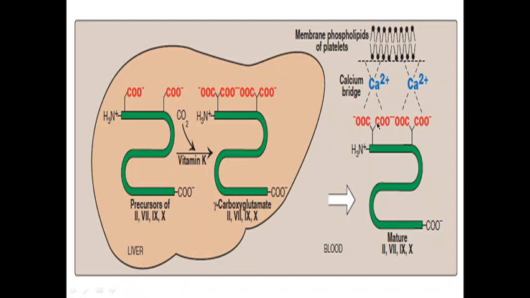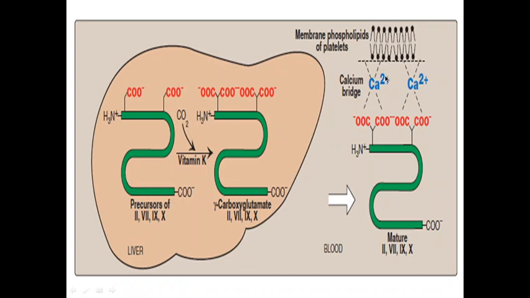Such gamma carboxylated glutamic acid residue bridges calcium with the negative surface of the phospholipid membrane of the blood platelets and concentrates the blood coagulation factors at the site of injury, so the blood coagulation cascade will occur.